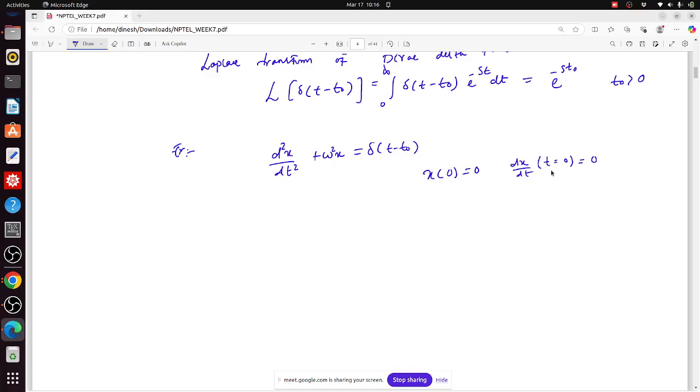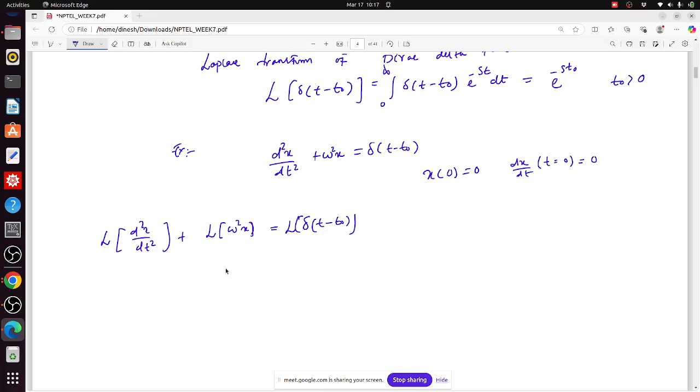So let's do the Laplace transform of this differential equation on both sides. Laplace transform of d square x by dt square plus Laplace transform of omega square x is equal to Laplace transform of delta of t minus t0.